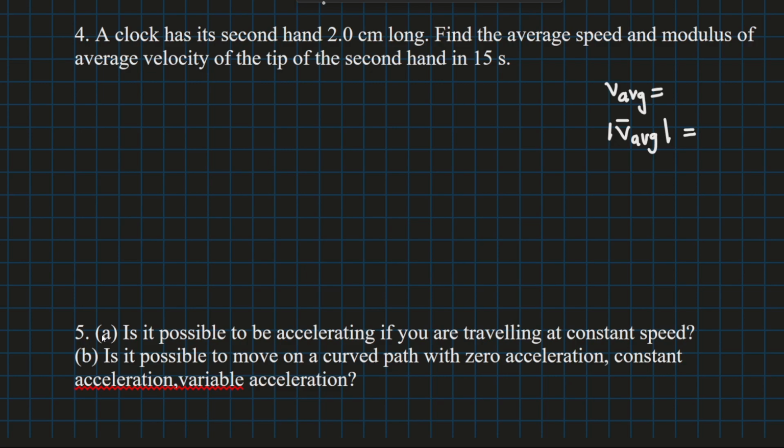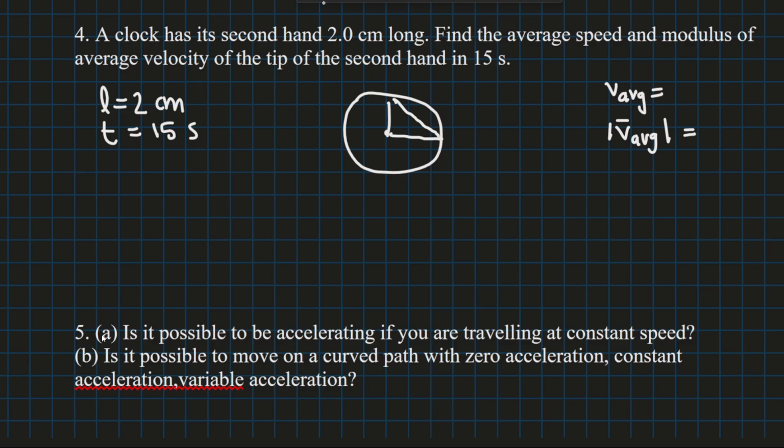The length of the second hand is given as 2 centimeters and the time is given as 15 seconds. If we try to draw a clock, in 15 seconds it would cover this much distance.